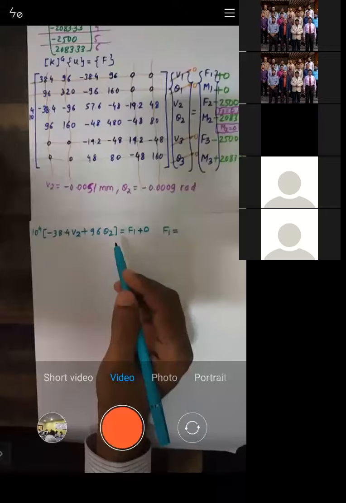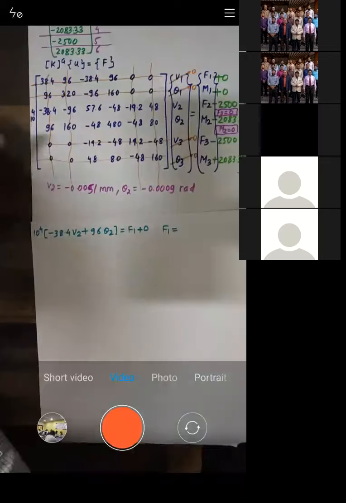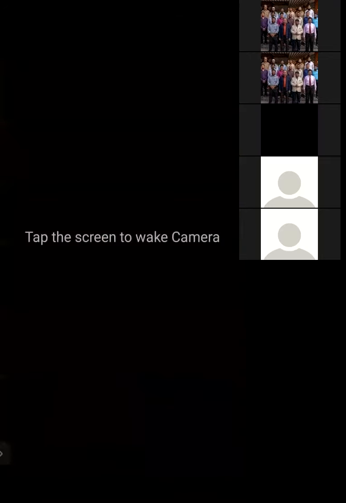Let's do this calculation. F1 calculation, you do it.